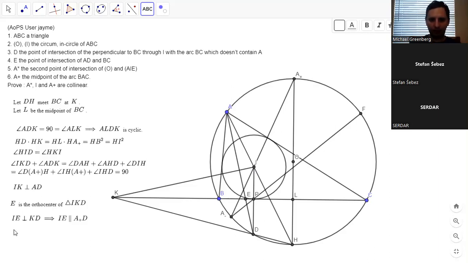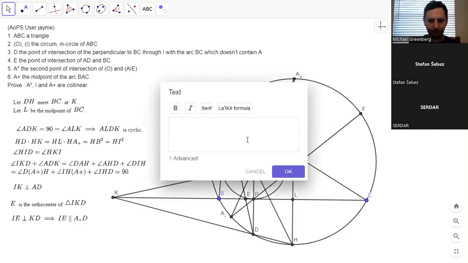So we have, okay, A minus IE. IE is equal to, sorry, I hate this A minus and whatever, but oh well. A minus A plus D, which is equal to A minus AD.